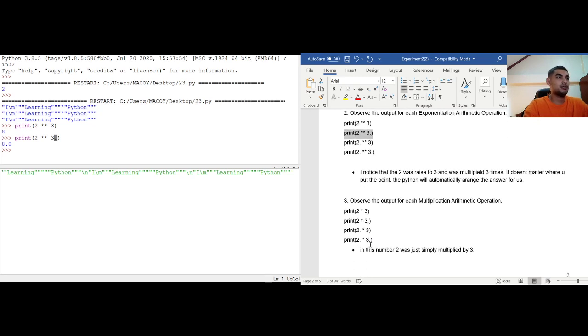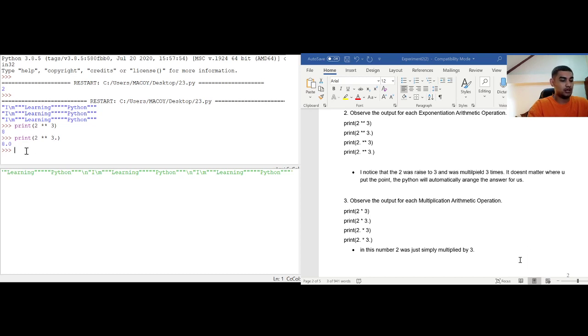For number 3, observe the output for each multiplication arithmetic operation. The difference between exponential arithmetic and multiplication arithmetic is that in multiplication we only use 1 asterisk, while in the exponential arithmetic operation we use 2 asterisks.